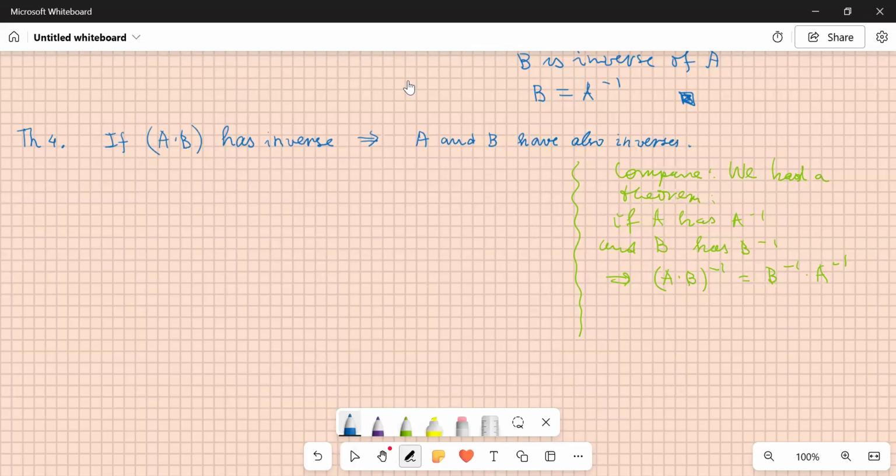So, what is given? Imagine that the inverse of the product is given. Like that's given, right? We're going to label it as matrix C. Matrix C, that's the inverse.